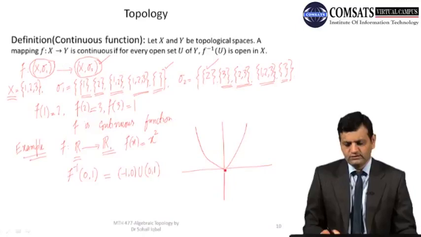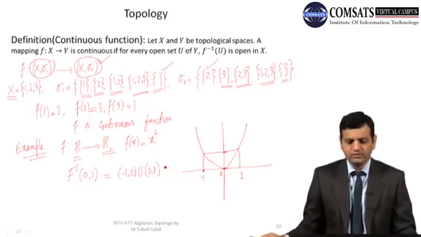I took this open interval (0, 1), and we can see that these values are obtained when we take (-1, 0) and (0, 1). So the inverse image of (0, 1) is these values. Similarly, we can find inverse images of other open sets, and we will see that they are open sets in R in the input space, so that's why f is a continuous function.